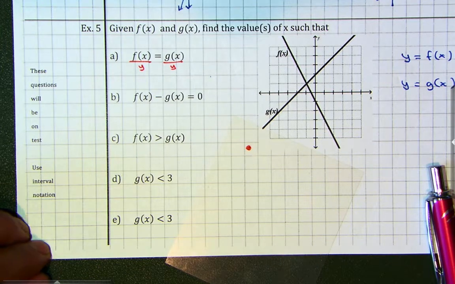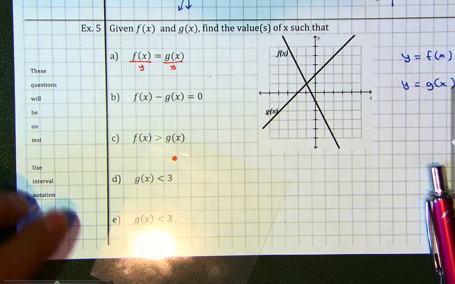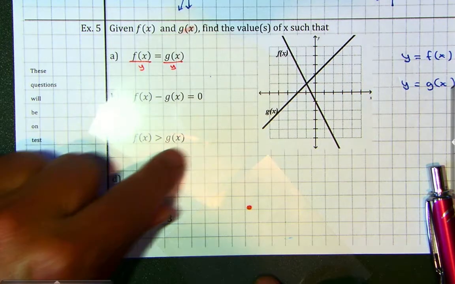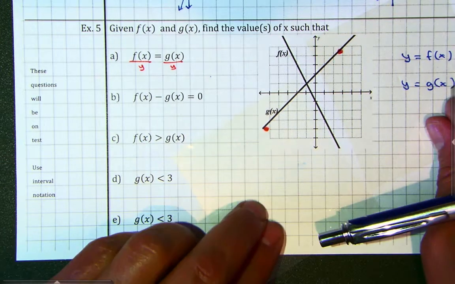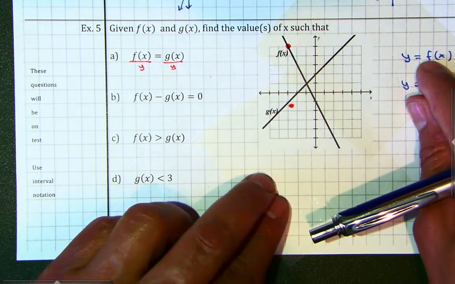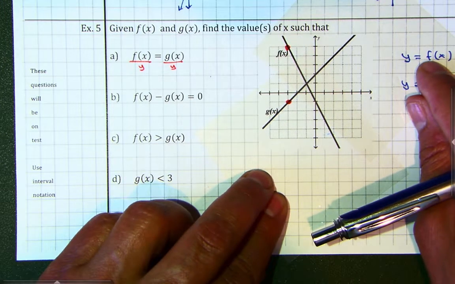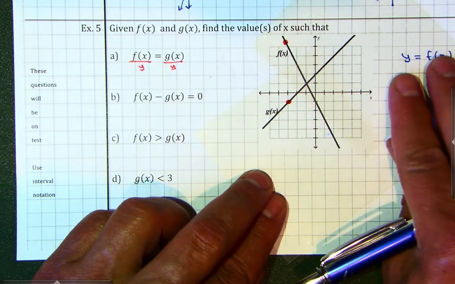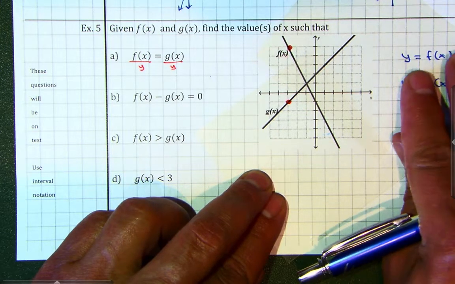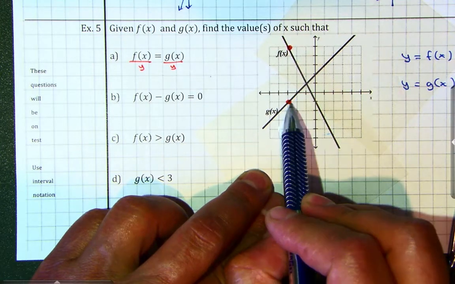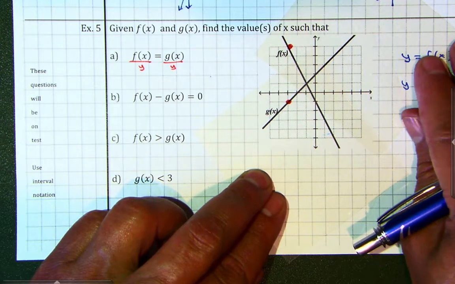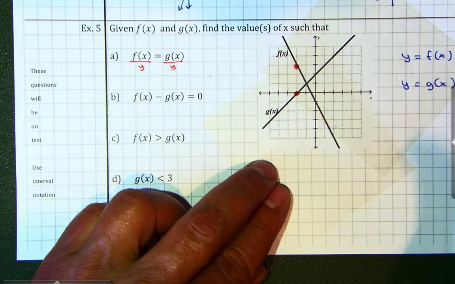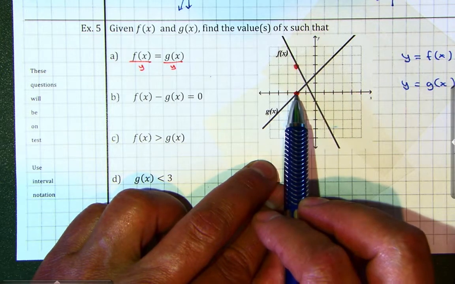So when are they equal to each other? If I think about what is the value of x where they're equal to each other. So here, when x equals -3, the y value is 5 for f of x, and for g of x is -1. If I go over to the next point, the y value is 3 and that is 0, so they're not equal.